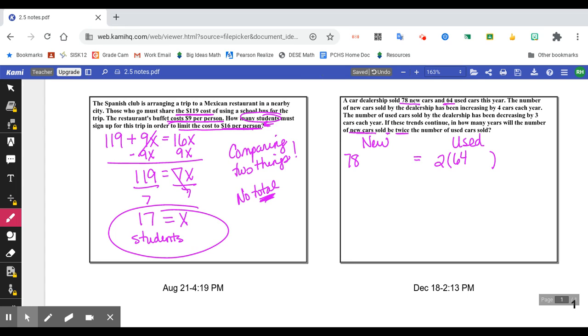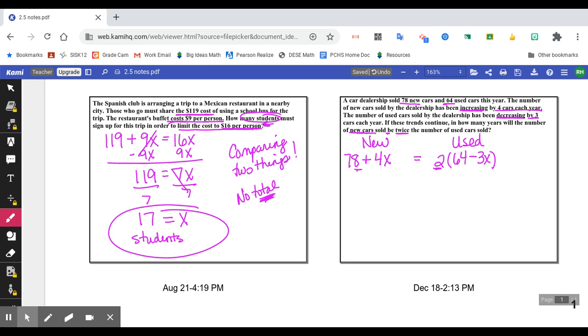The number of new cars sold by the dealership has been increasing by 4 cars each year. Okay, so increasing means add. For each year means it's happening over and over again, so there's my x. The number of used cars has been decreasing by 3 cars each year. Decreasing means it's going down, and it's 3x. If these trends continue, in how many years will the number of new be twice the number of used?